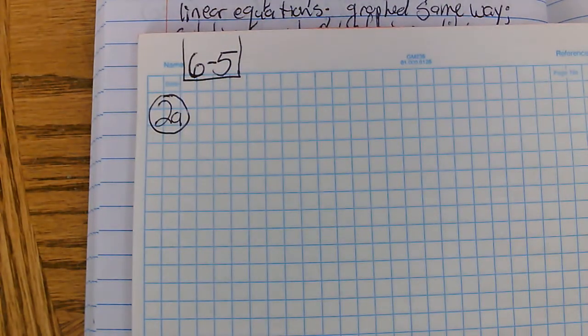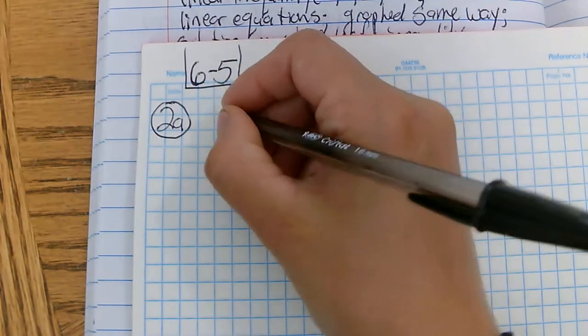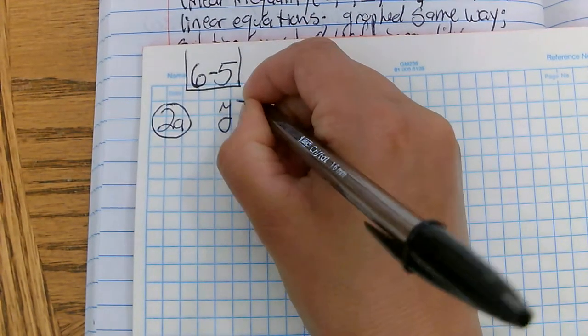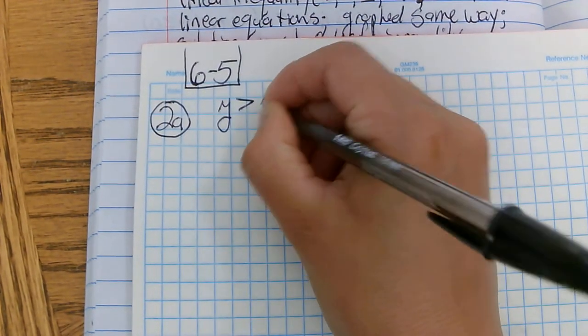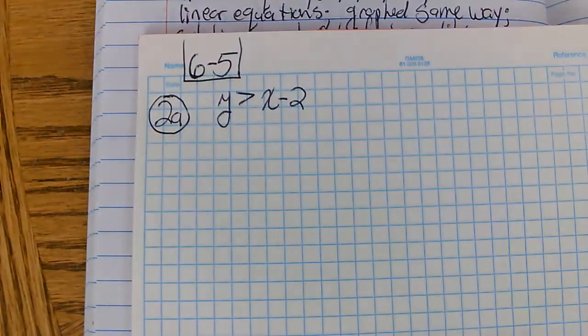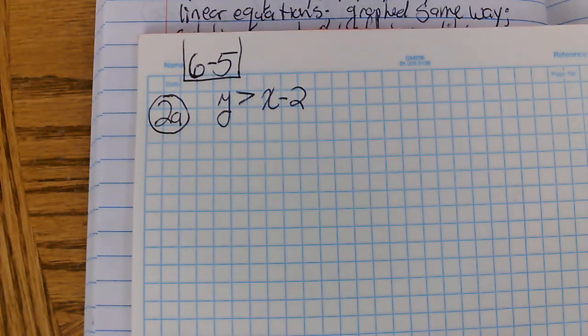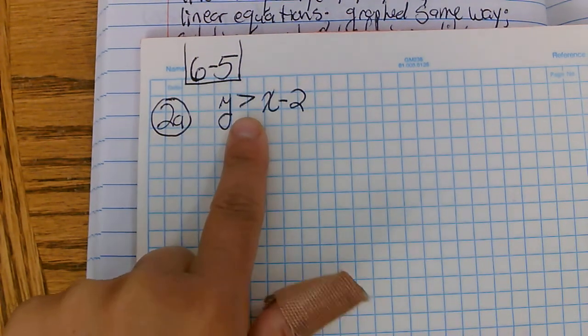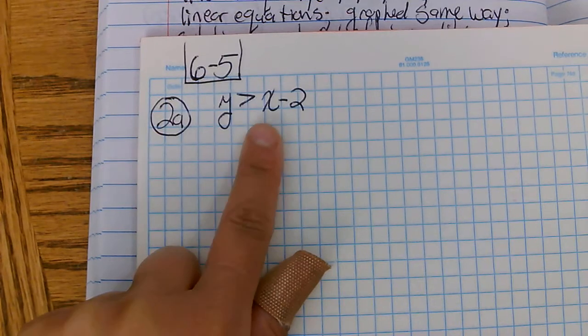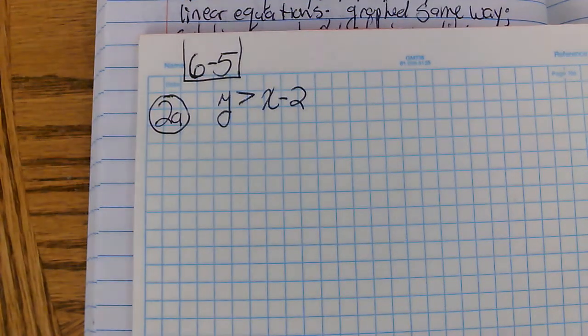So the inequality we're going to deal with first is, we'll do a simple one. y greater than x minus 2. Okay. Now there are some differences when we're talking about inequalities, but we're just going to graph it first like it's a regular, normal linear equation. Pretend that that is an equal sign. y equals x minus 2. And we'll graph from there.